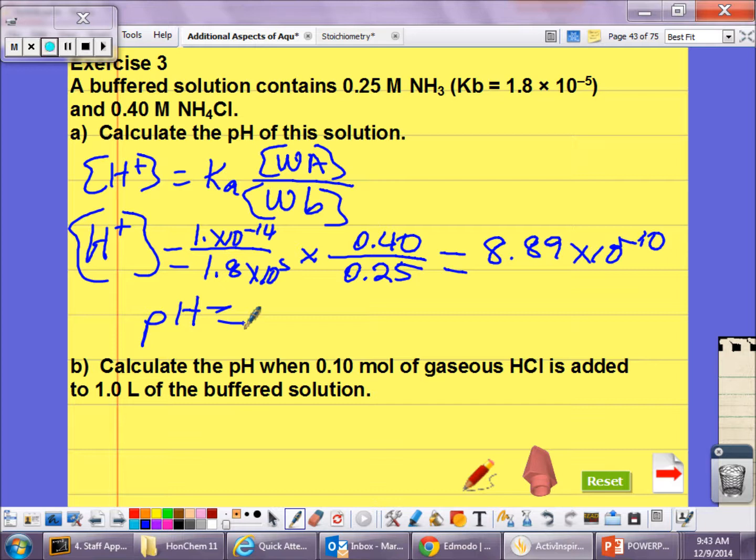Because it is 1 liter, it is the same. So all we have to do is add. This is moles, not brackets anymore. Because they are adding an acid, I just add those moles to the acid. It is 0.1. And then I take it away from the base. 0.1. Take away.